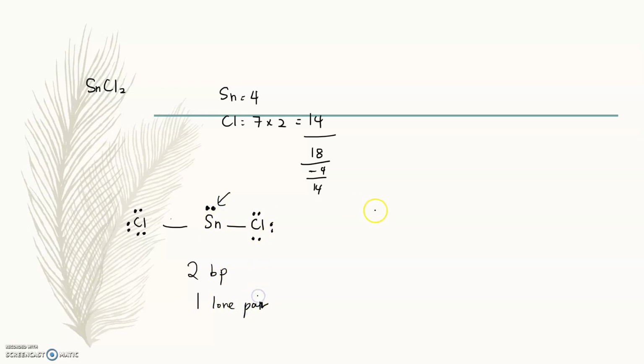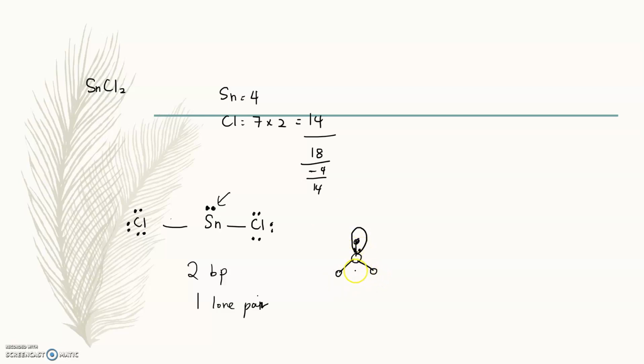So you do not need to remember, but you just need to understand that if all 3 positions are bonded atoms, this is trigonal planar. But now on the central atom there is a lone pair and not an atom, and there are 2 atoms bonded to the central atom.